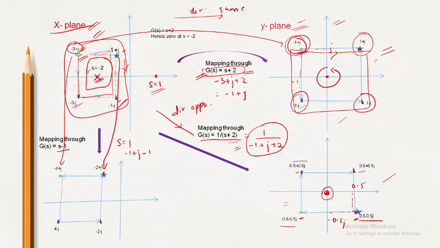But in this case, unlike the previous examples where the contour was encircling the origin, the contour that you get while being mapped through the function G(s) equal to s minus 1 is not encircling the origin. Okay, so this is a major point.